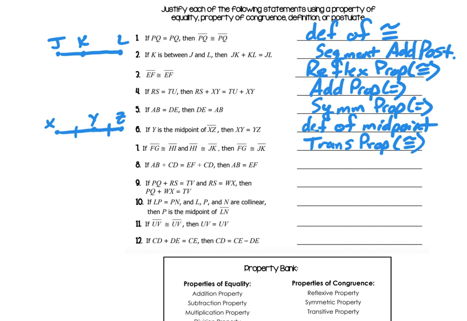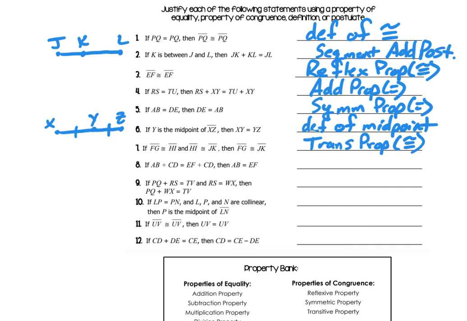Okay, this one's kind of tricky. And the reason I'm showing you this is because I think this is what's going to make more sense to you, rather than looking at it as a big old statement. Here's what we're starting with. Here's what we're ending with. This is the then statement. It's our conditional that we talked about at the beginning of chapter 2, right? If this, then this.